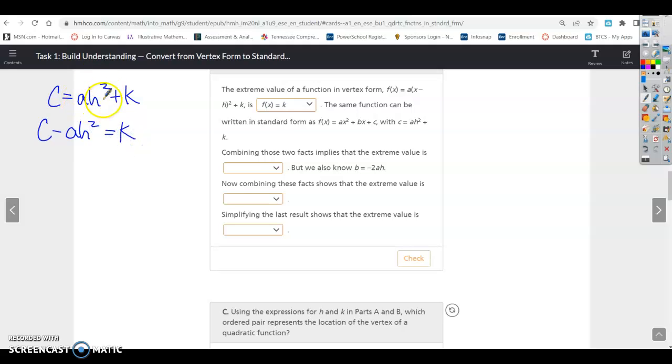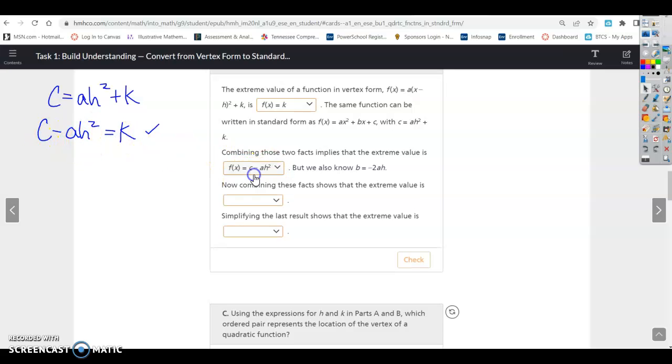Remember, if you subtract this expression from both sides, all we're doing is moving it to the other side. Because we have an equation, we have to have an equivalent statement. So combining these two facts implies that the extreme value is c minus ah squared.